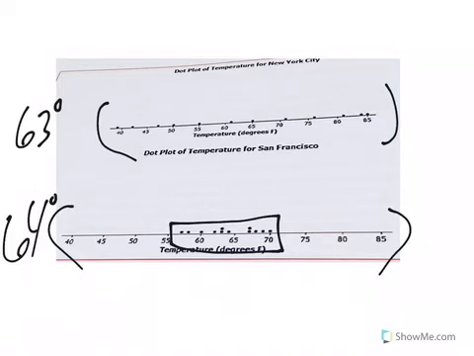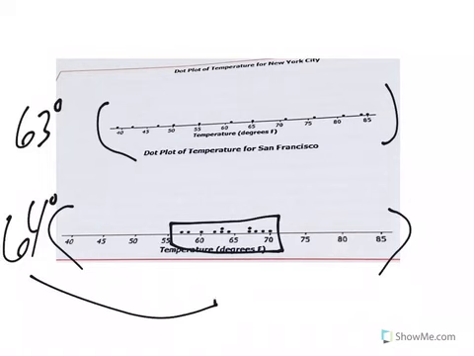Their temperatures throughout the year are all basically in a small range, usually in the 60s. A little bit gets into the 50s, one data point gets into the 70s, but it's basically clustered around 63, 64 degrees. Well, obviously 64 being the average.